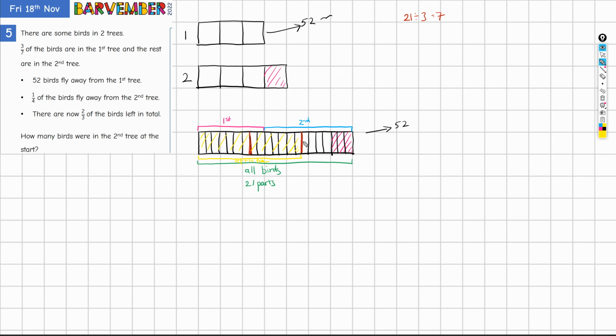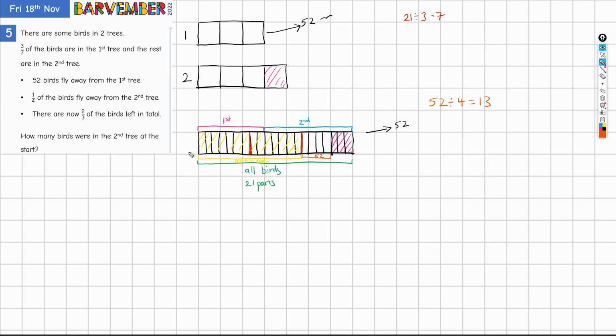So this part here must be the 52. Let's go with that. So this here must be 52. And if we divide 52 by the number of parts here, 1, 2, 3, 4, 52 divided by 4 gives us 13. So I now know that each of these parts has a value of 13.